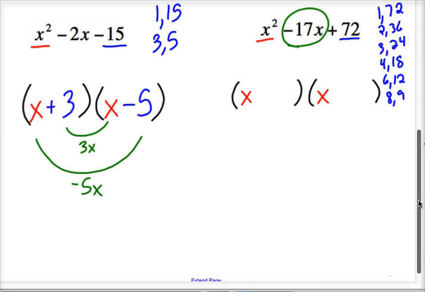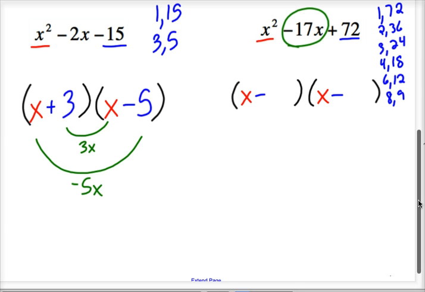We can have two positives or two negatives will also multiply to be positive. So when I see that I'm multiplying to be positive, yet combining or adding to be negative, I know that I'm searching for two negative numbers right off the bat. All right? So I'm just going to write that in right away when I know that.